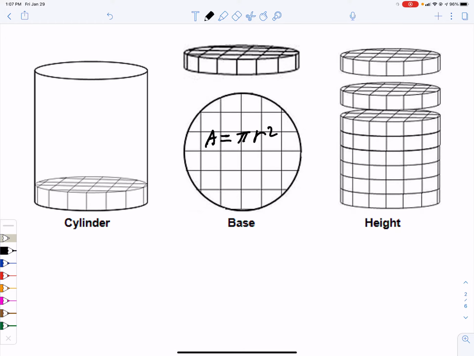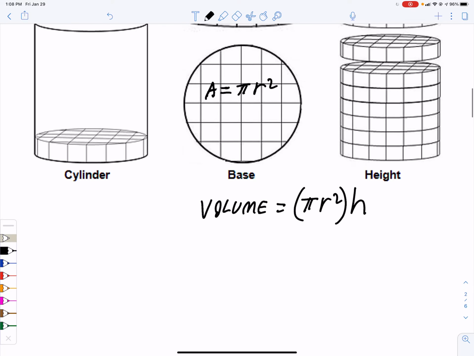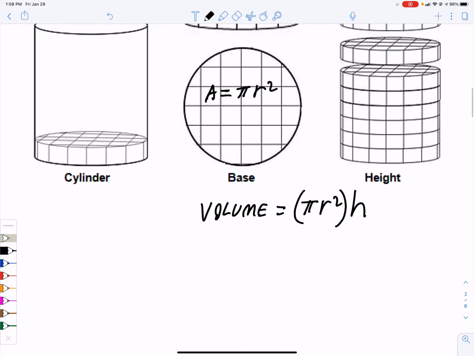You'd have to know the radius, and if you counted all these out, it would come out to be pi r squared. Then you have to multiply by the height, the number of stacks. So the volume of a cylinder would be pi r squared to get the area of the base, times the height.